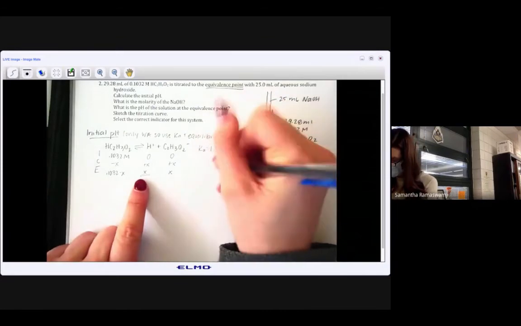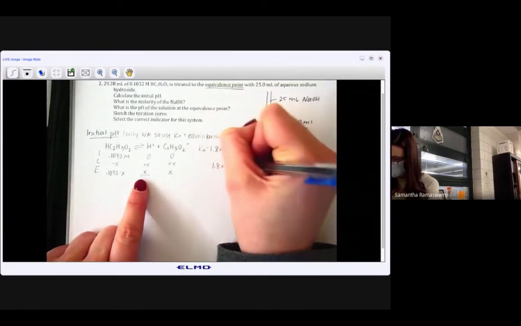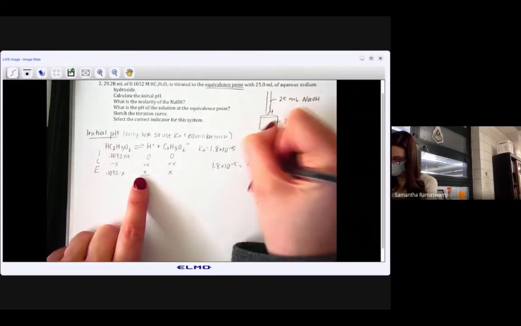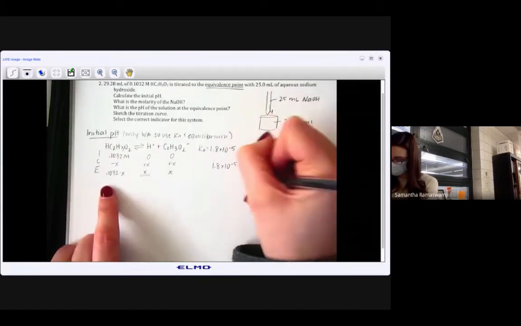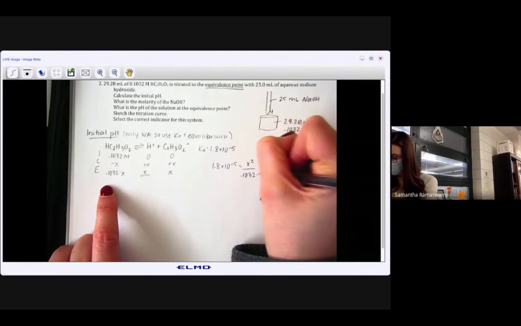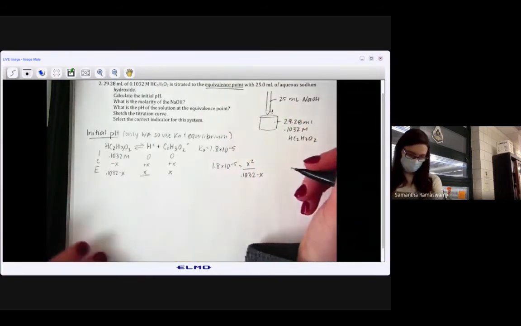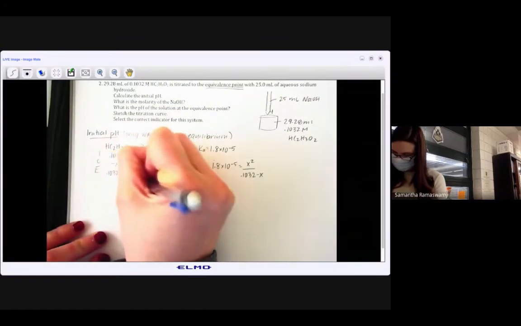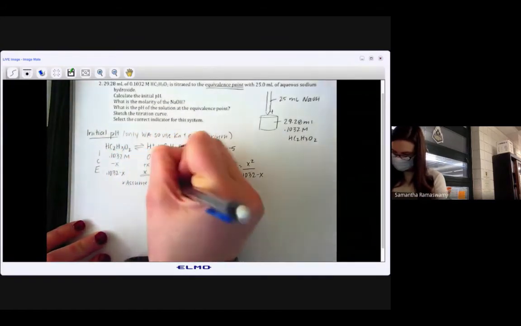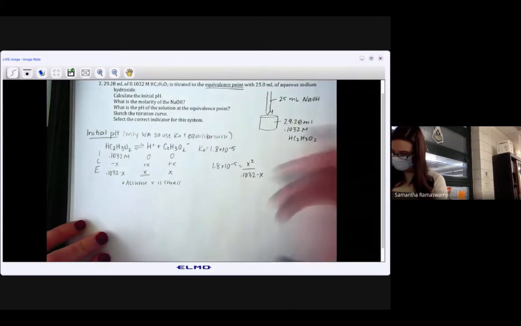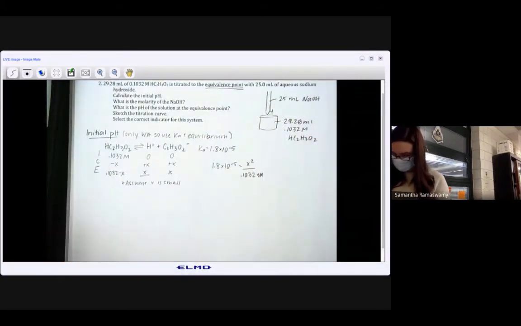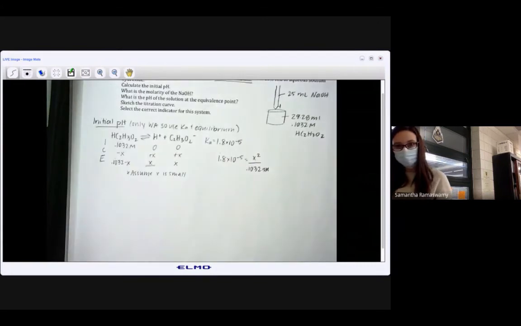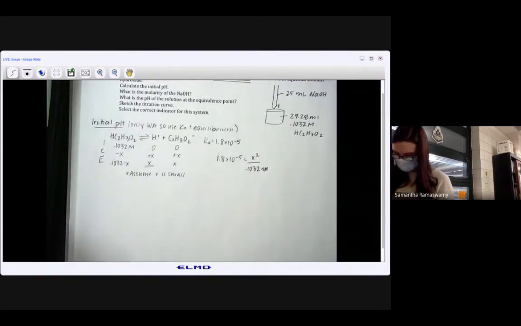So I know that Ka is products over reactants. So X squared, X times X, over 0.1032 minus X. I can assume X is small. So 1.8 E negative 5 times 0.1032.